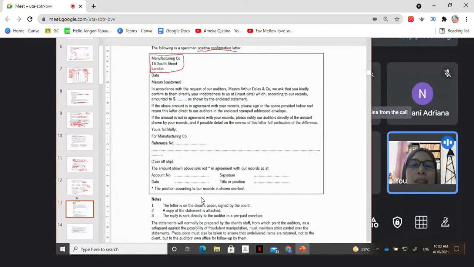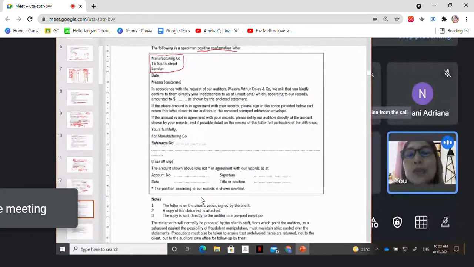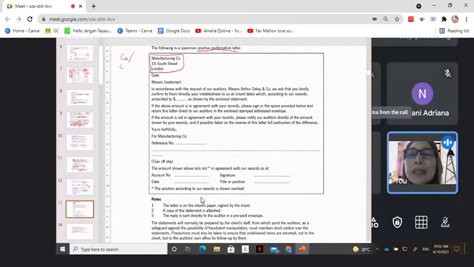Atta Daly and Co., we ask that you kindly confirm to them directly your indebtedness to us at the stated date, which according to our records amounted to the stated amount as shown by the enclosed statement. So the company should enclose the statement. This letter comes from the company or the client, not from the auditor.